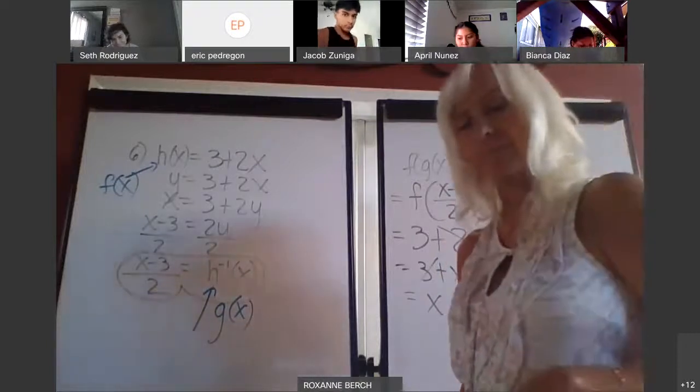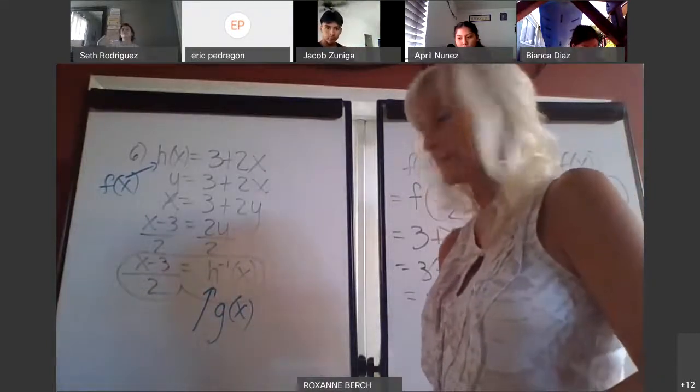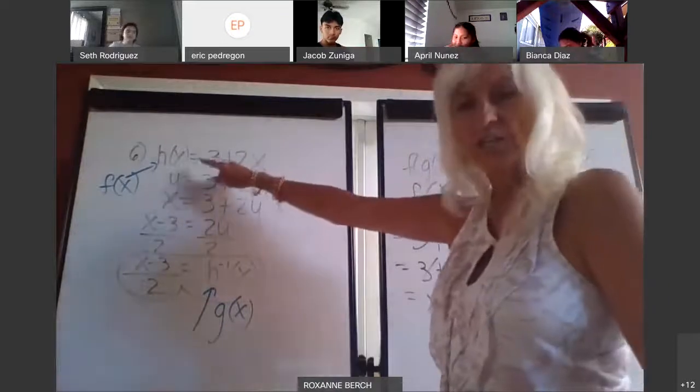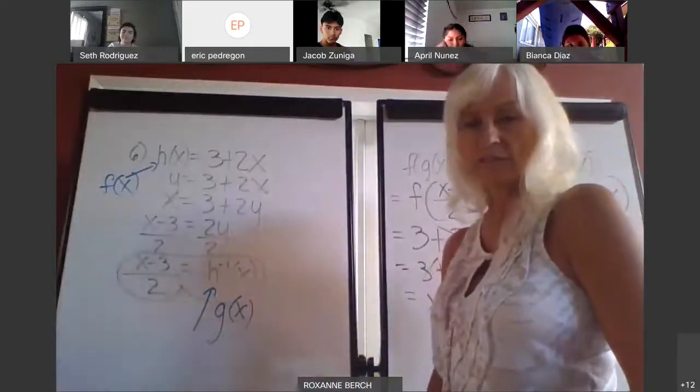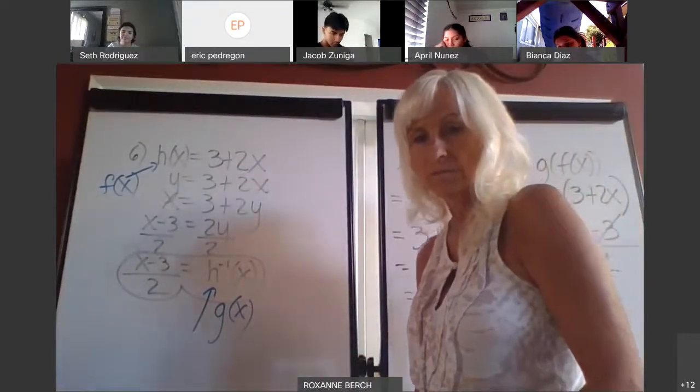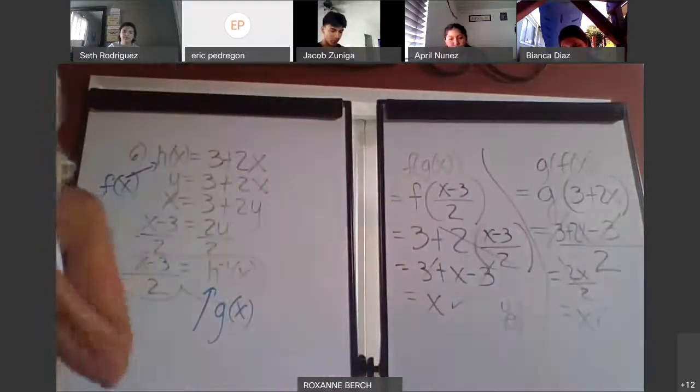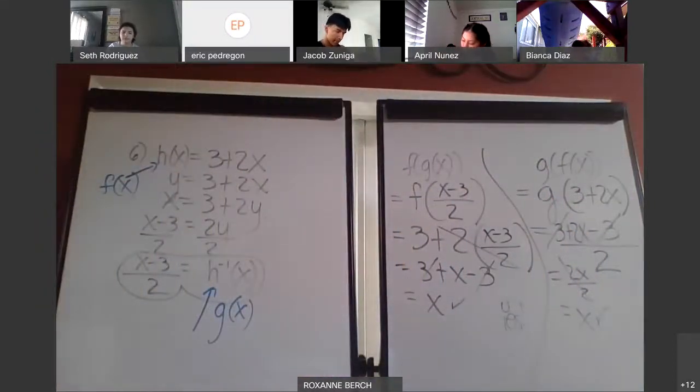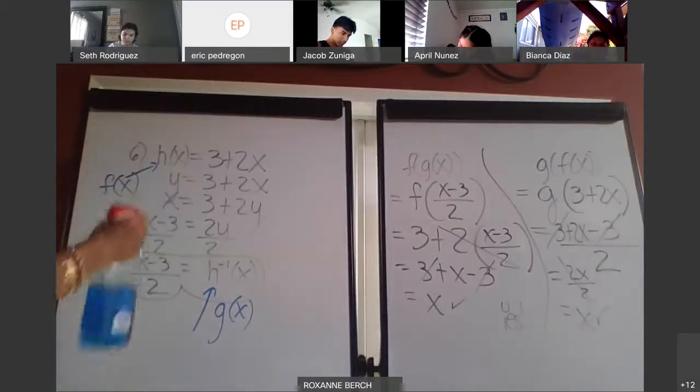So I'm not going to fix that, but just know that those answers are all F inverse of X. If you start with the H function, it's going to be H inverse of X. All right, anything else?